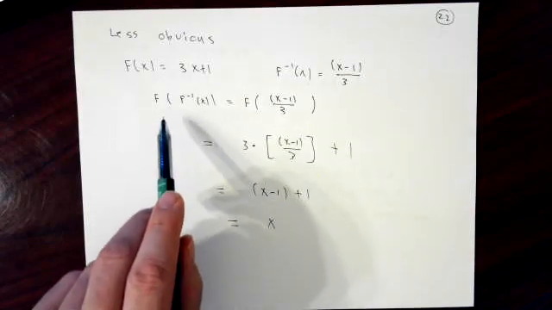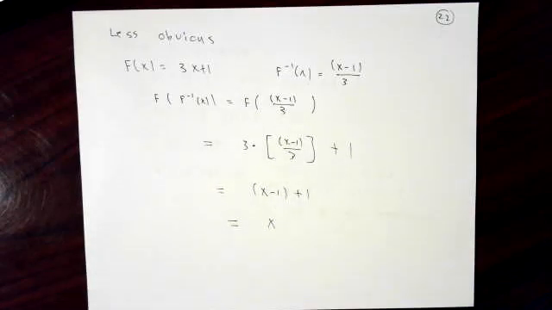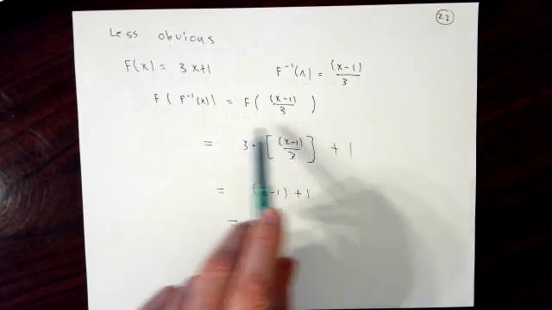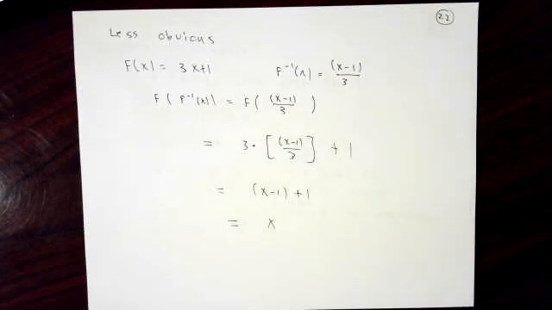I'm going to calculate f, evaluated at not x, but at f inverse of x. This is going to be an f value where the input is x minus 1 over 3. So I have to take f of x minus 1 over 3 to calculate this. How do you do f to something? You multiply the something by 3 and then later add 1 to that.